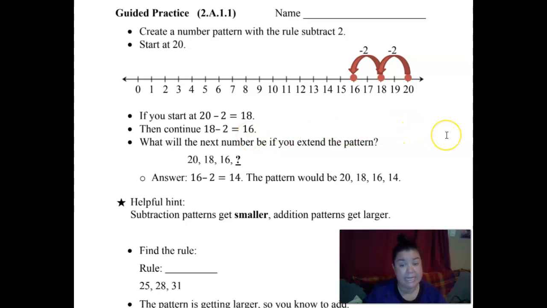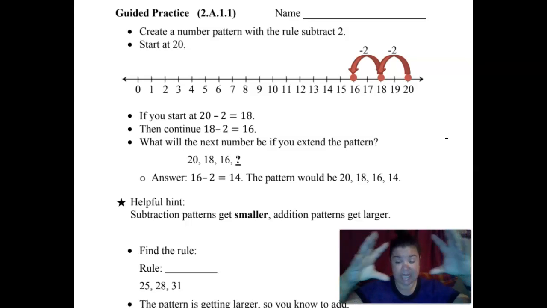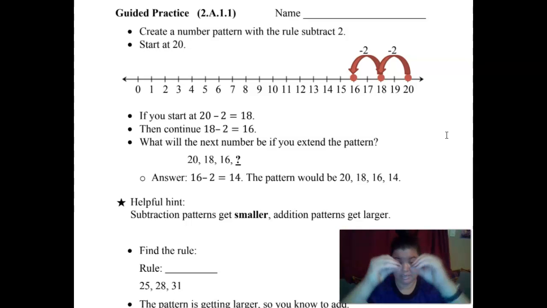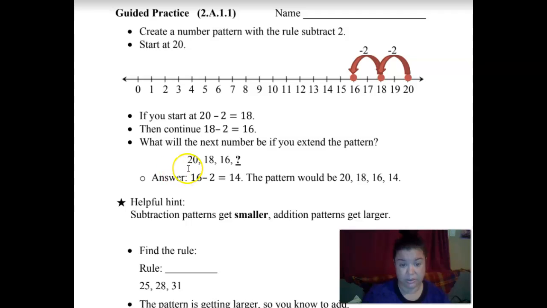So what would be the next number if we extended? I want you to say it with me. Say extended. Extended the pattern. Remember that means to continue on the pattern. So we did 20, 18, 16. See, it's getting smaller by 2 because that's our pattern. So what is 16 minus 2?